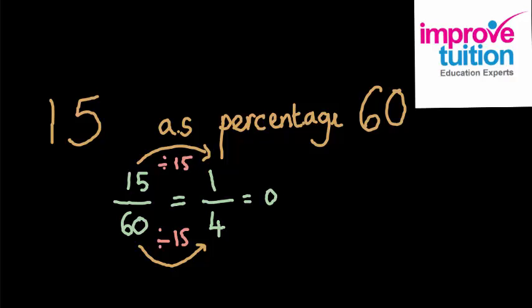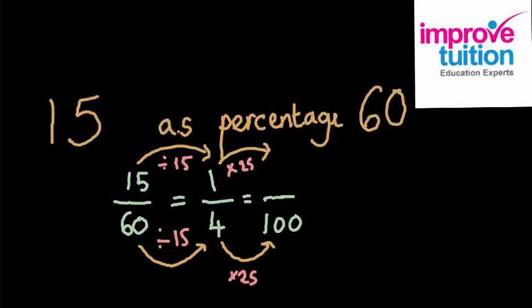Now we brought it to a quarter because 60 wouldn't go into 100, but 4 will go into 100. So 4 times 25 is 100, and 1 times 25 is 25.